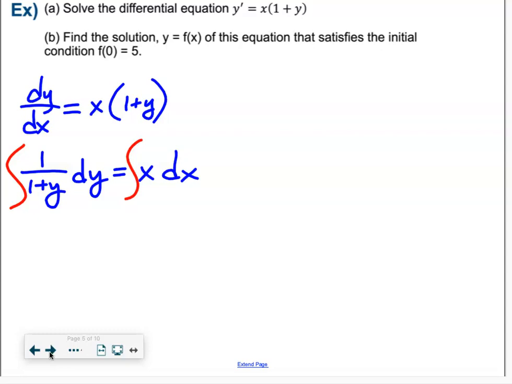If it was 1 plus 3y, you'd have to divide by the slope. You could just do a u substitution if you want to, but when you have a linear argument, you don't have to u sub. You can just treat it like you would if it was just y, but if there's a slope, you have to divide by the slope. All right, go ahead and anti-differentiate both sides.